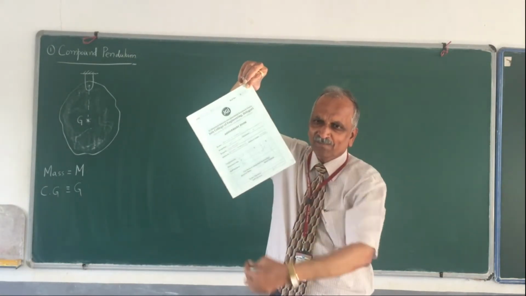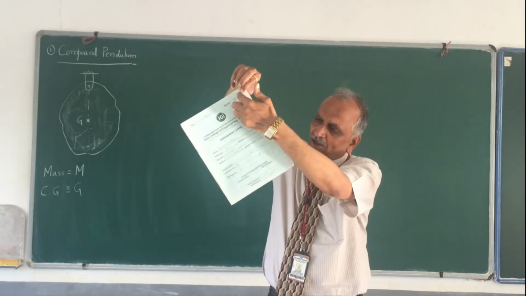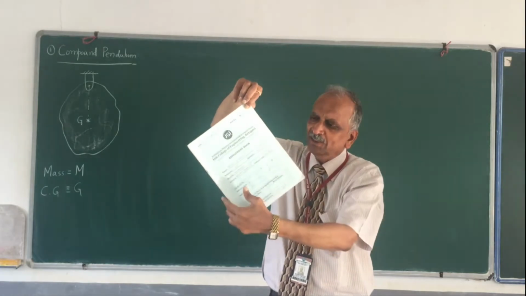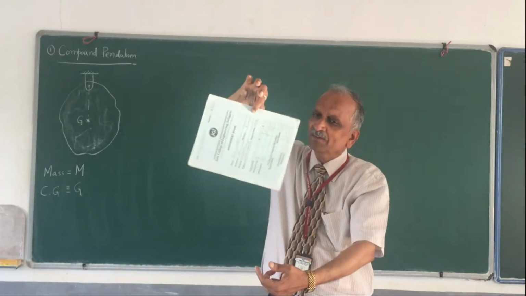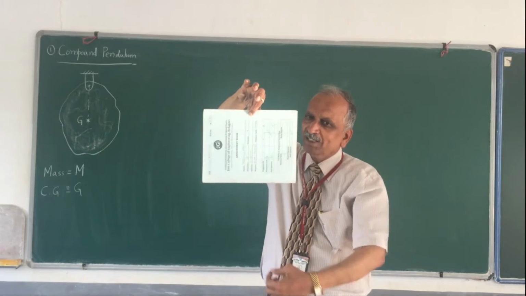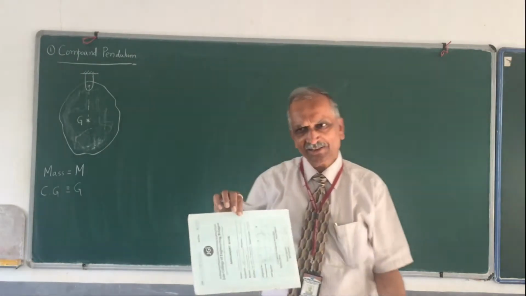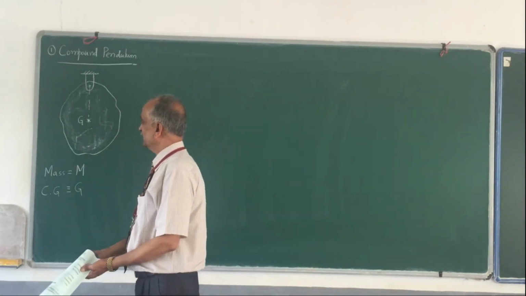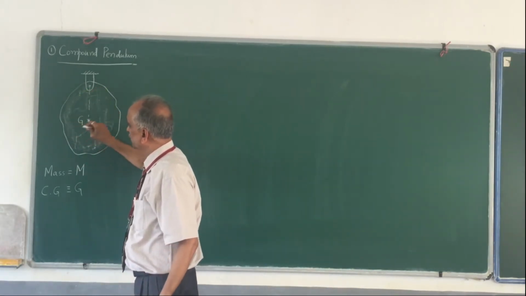You draw a line. You know that the center of gravity of this is along this vertical line. Then hold it somewhere else. Then you draw one more vertical line. The intersection of the two lines is nothing but the center of gravity, and now the center of gravity of this body has been found out.